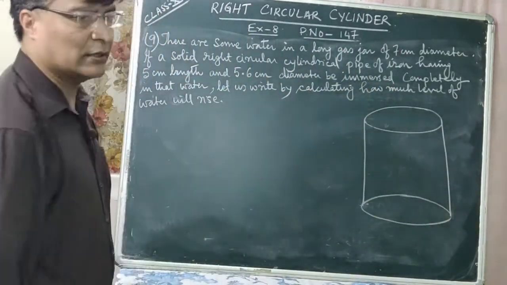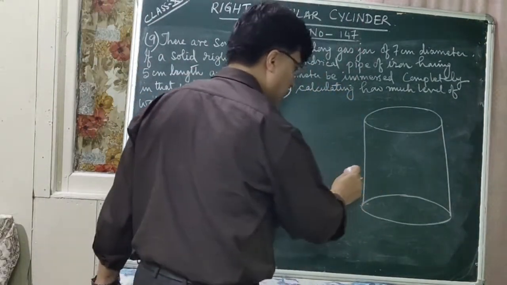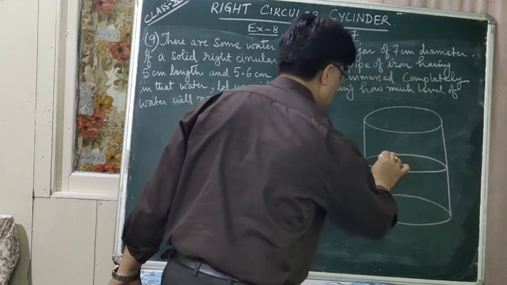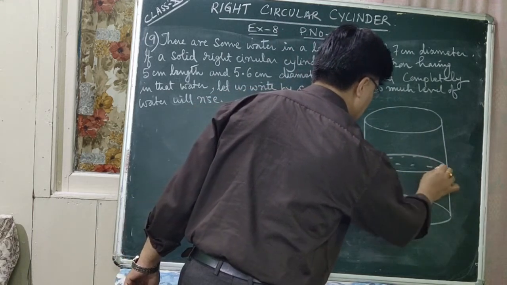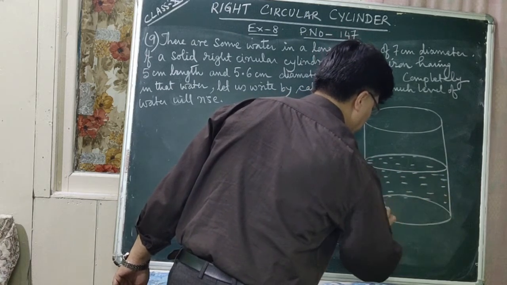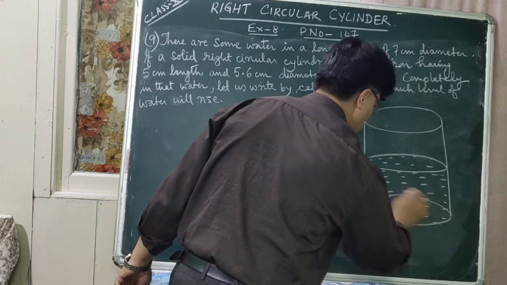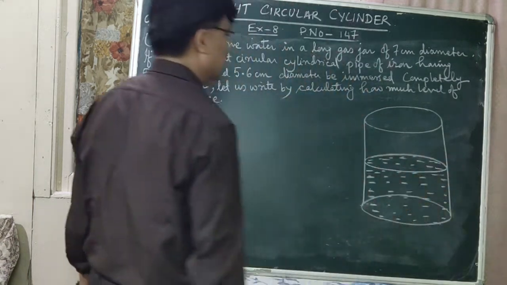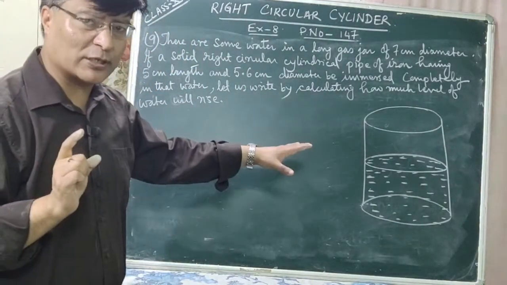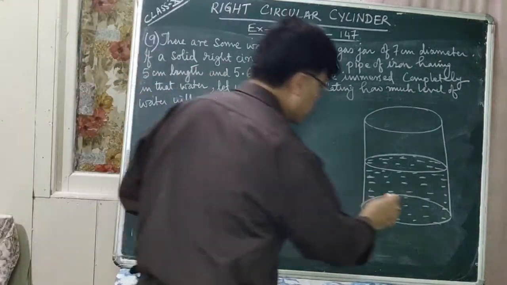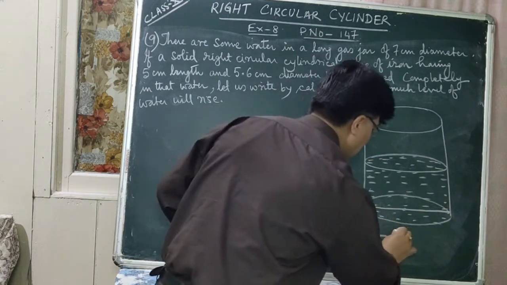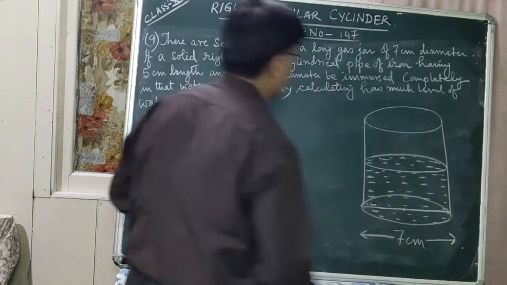This is a cylindrical jar and there are some water in the jar. Okay? The height of this water is not mentioned. It says there are some water in the jar. But what is the diameter of this jar? The diameter means this whole length. What is its diameter? It is 7 centimeter. Okay?